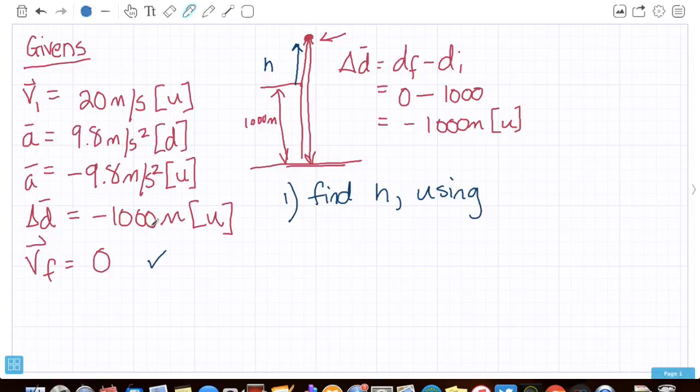We're not going to include this value here, because that doesn't involve this journey right now. We know that this is applicable, and we also know that that is applicable. So we want to find something with delta D, VF, A, and V1 in it. So the equation we're going to use is this one right here.